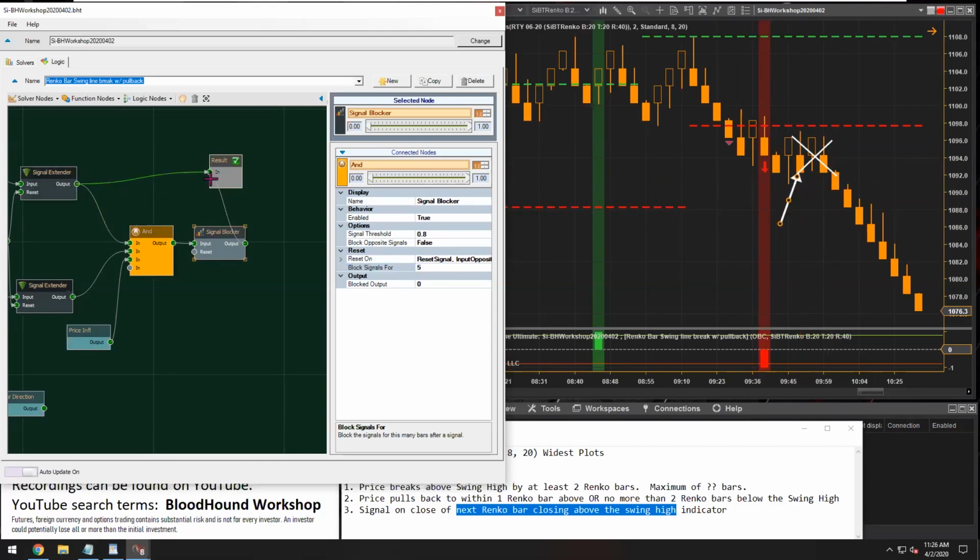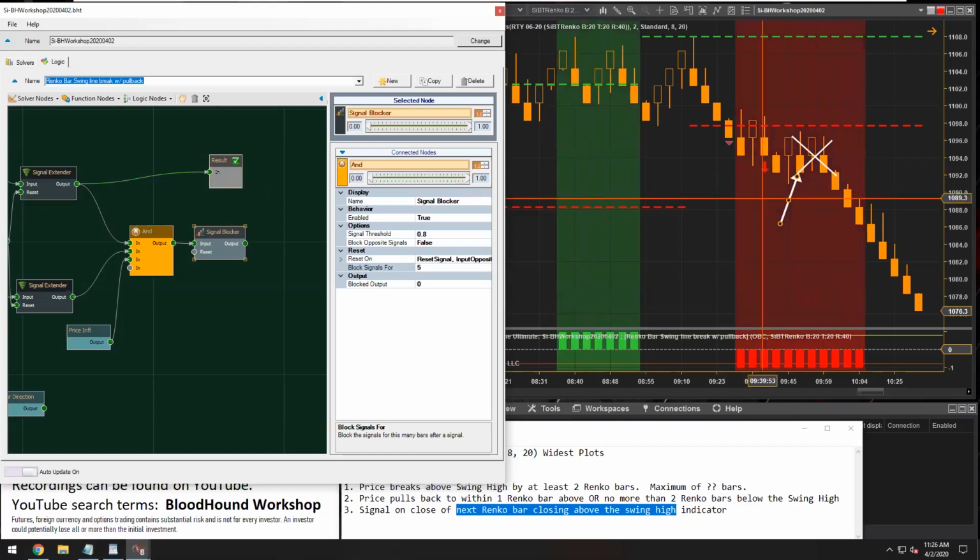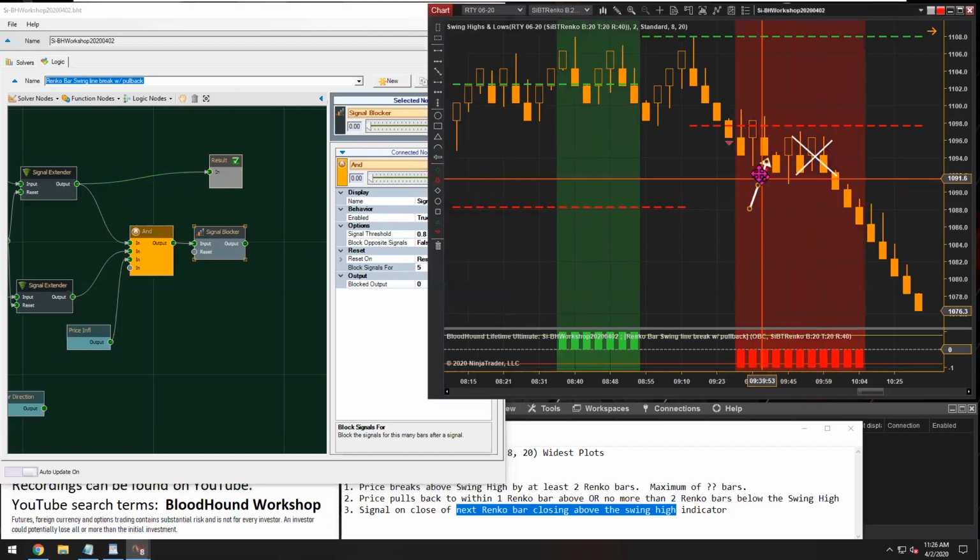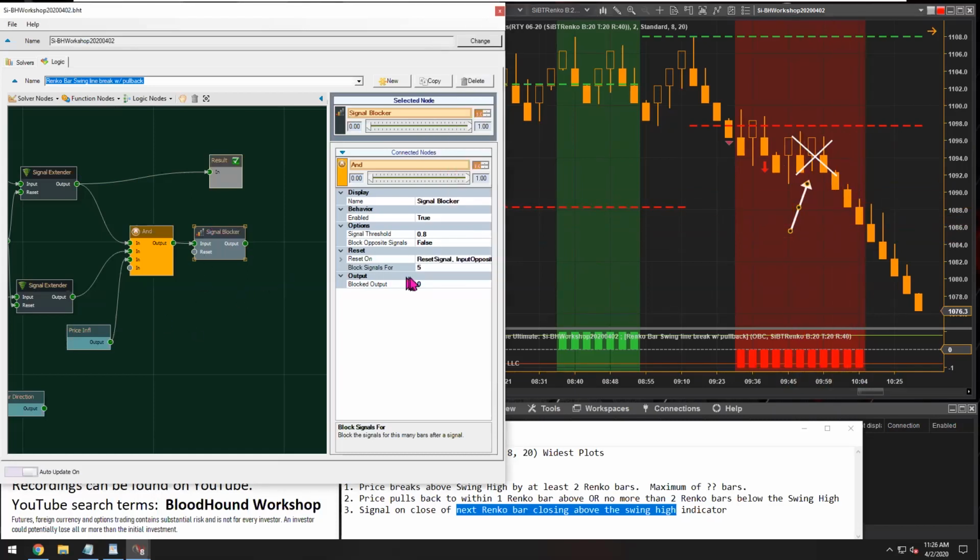So what we can do is look at our signal extenders and go, okay, well, we got 1, 2, 3, 4, 5, 6, 7, 8. All right, so we actually have signals 8 bars past. So I probably should increase the signal blocker to 8 bars there.